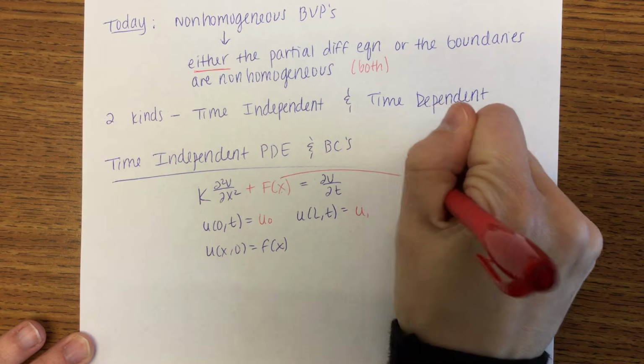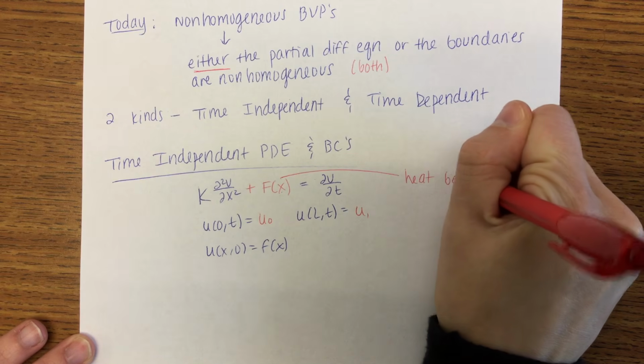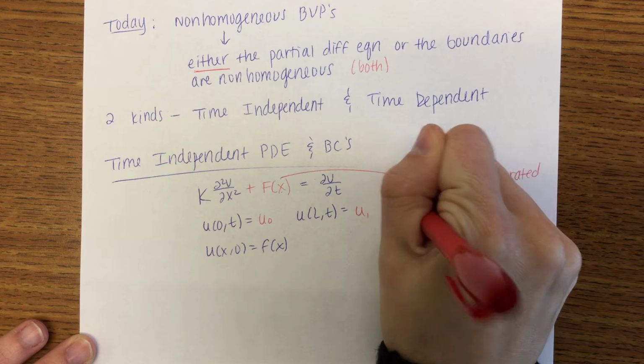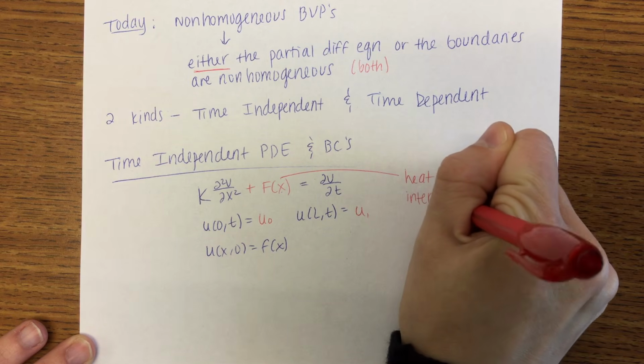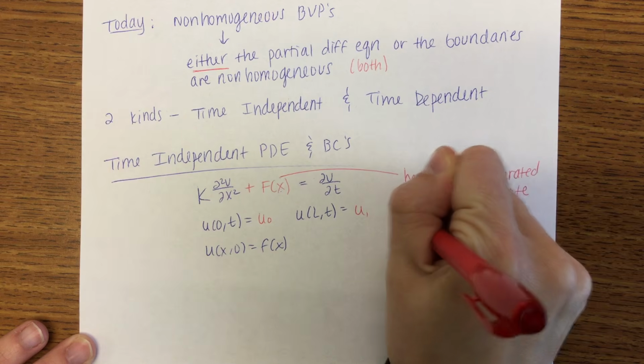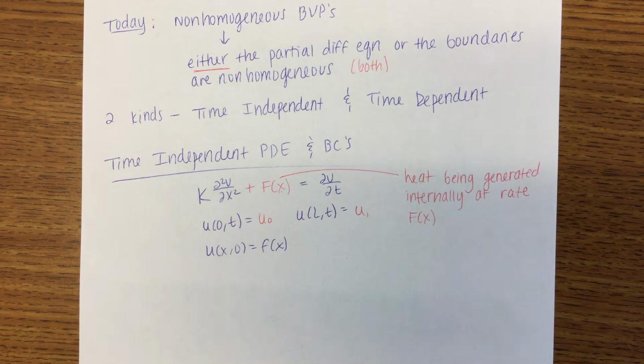This is heat being generated internally at a rate of f of x. And then obviously the ends are being held at temperatures again, this time u_0 and u_1, not at 0.